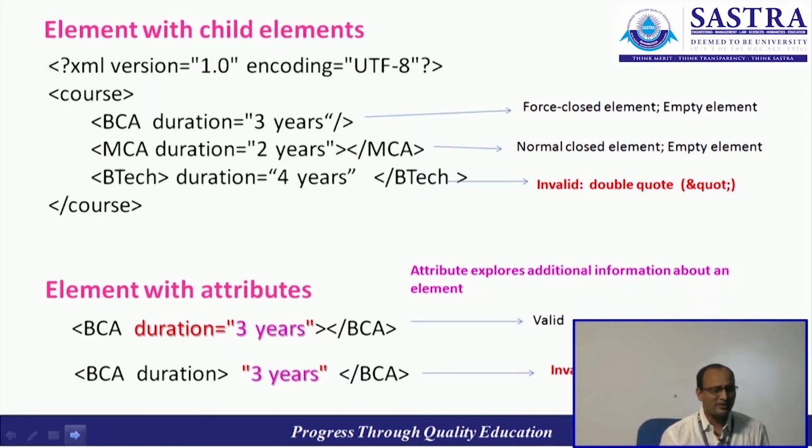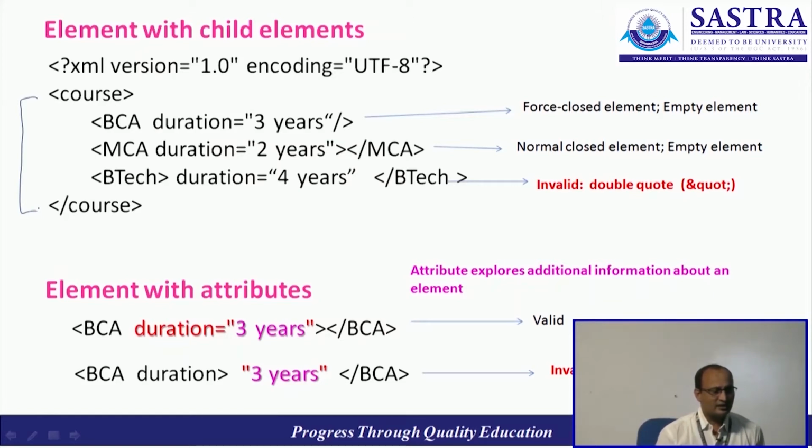Say, for example, we are going to create an element called course. In the course, we have to highlight various courses like BCA, MCA, MTech, BTech. These are the courses that should be included as child elements or as an attribute.